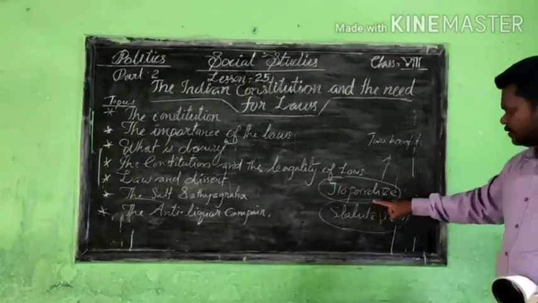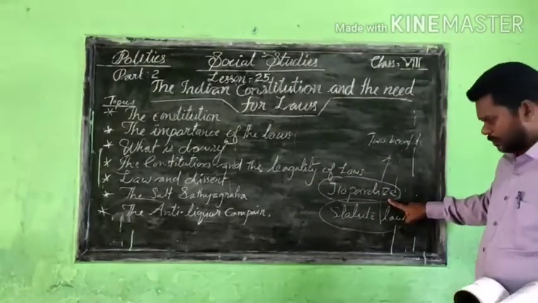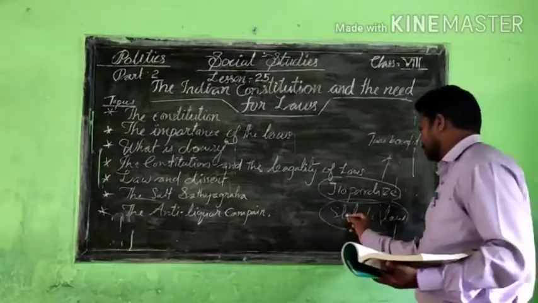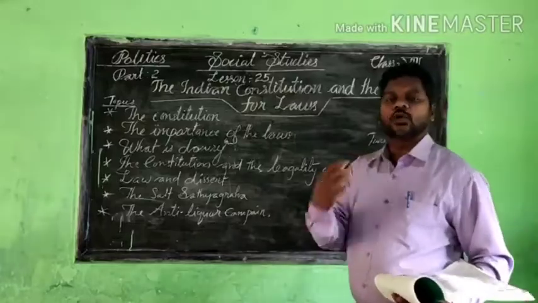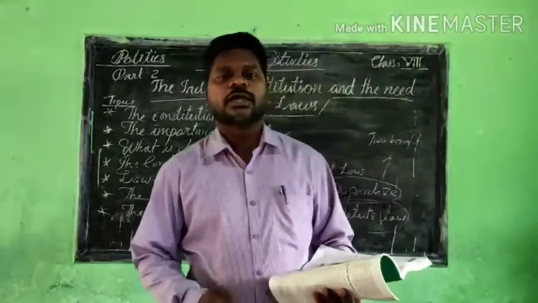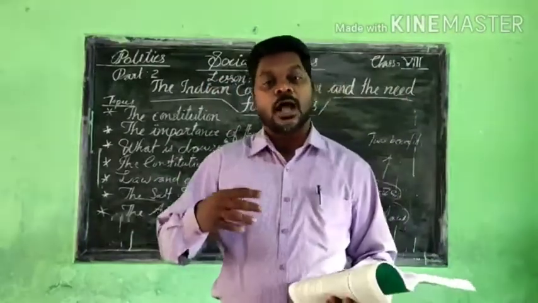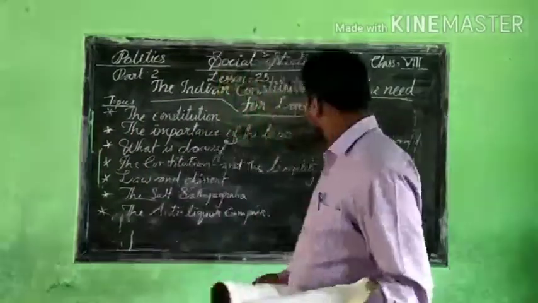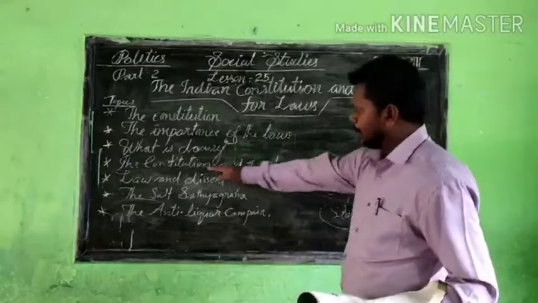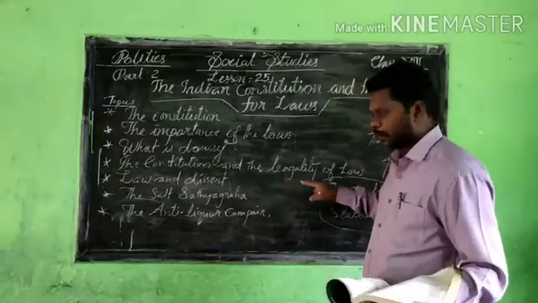The first one, jeopardize: government should not act according to the situation. Secondly, a statute law, that means a written document for our country, so government should not act beyond the constitution and other legal laws. Those are the two benefits we are getting from the constitution and the legality of the law.